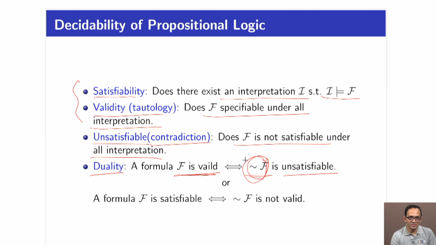So, this is unsatisfiable. And vice versa, if f is satisfiable, that means there exists some input for which the formula is true. That means not f is not valid, because for all possible inputs it is not true. So, this is basically dual.